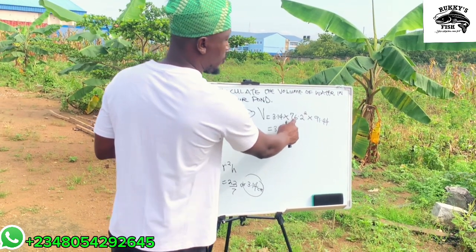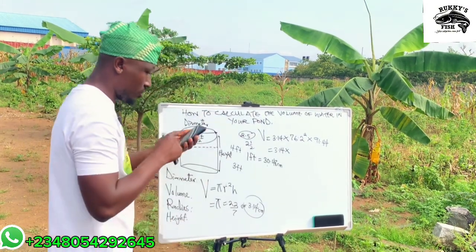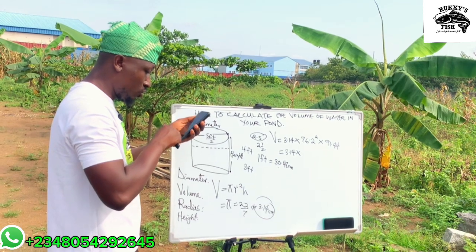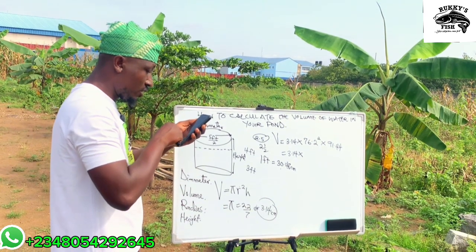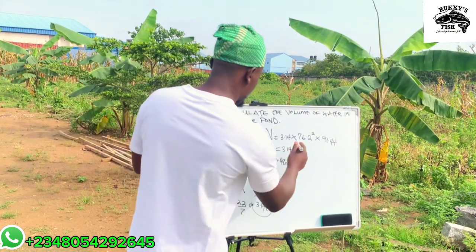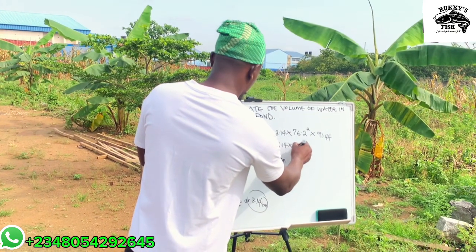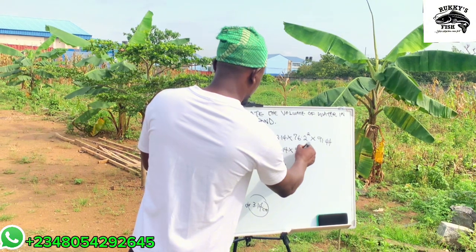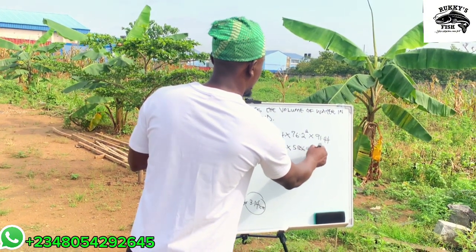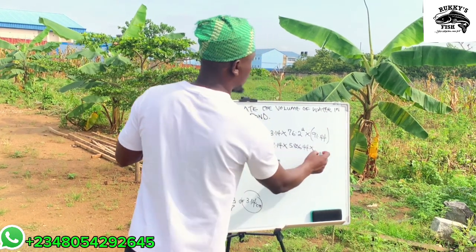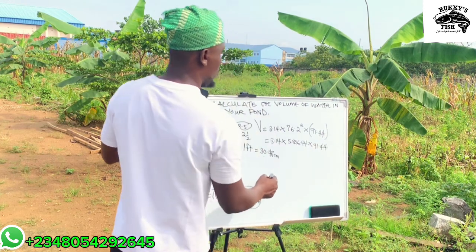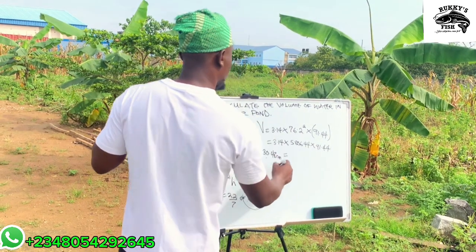Remember, this is squared, so we multiply by 76.2. 76.2 times 76.2 gives 5,806.44. Then we multiply by the height, which is 91.44.